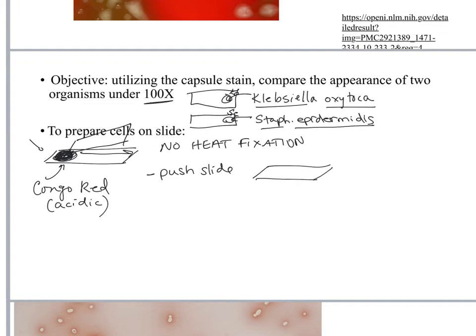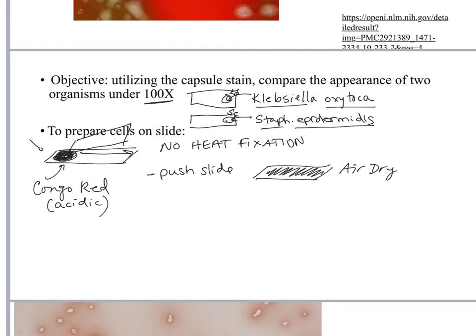So basically, hopefully we see a nice even smear of cells across the whole slide. Okay, and then we're going to air dry that. So you're probably going to want to prepare these cells first and then start doing your gram stain.